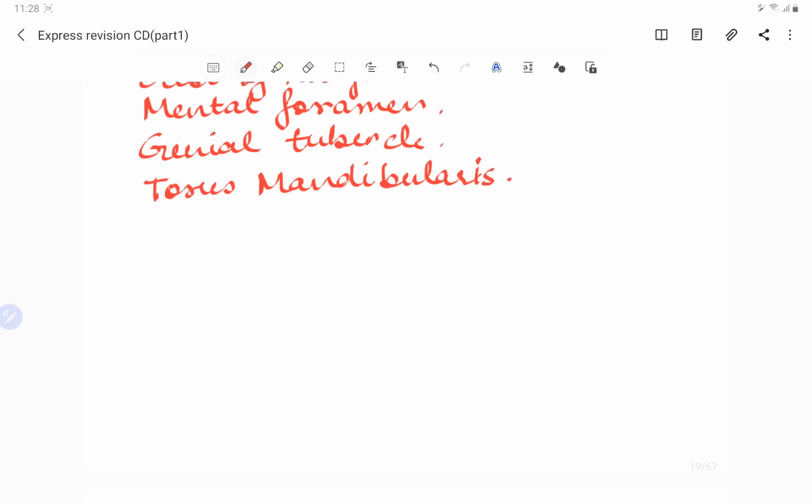Tori, if present in the maxilla, torus palatinus, can be relieved by the denture with a tinfoil spacer, or can be surgically removed. But tori in the mandible should be surgically removed before starting the impression procedure, right.